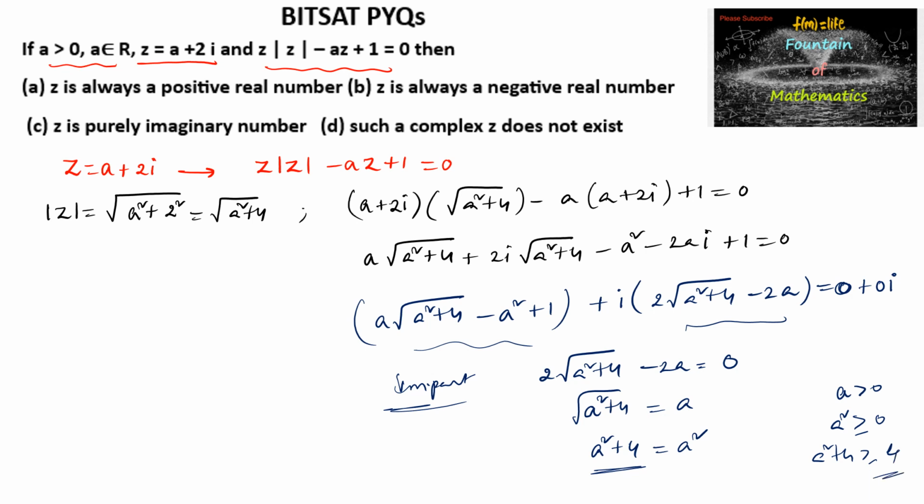But here a square plus 4 cannot be equal to a square, so we can conclude that no complex number satisfies this condition. No complex number exists. So we can go with option D.